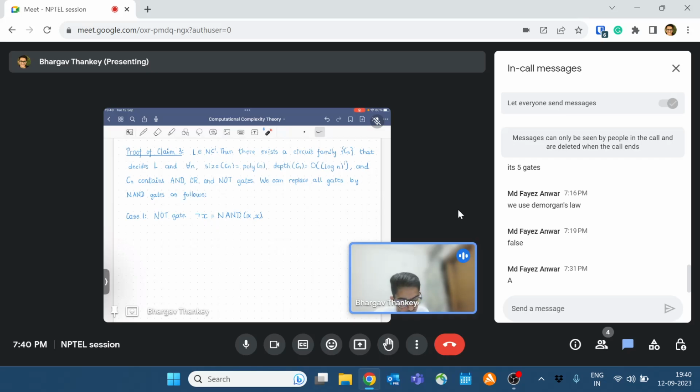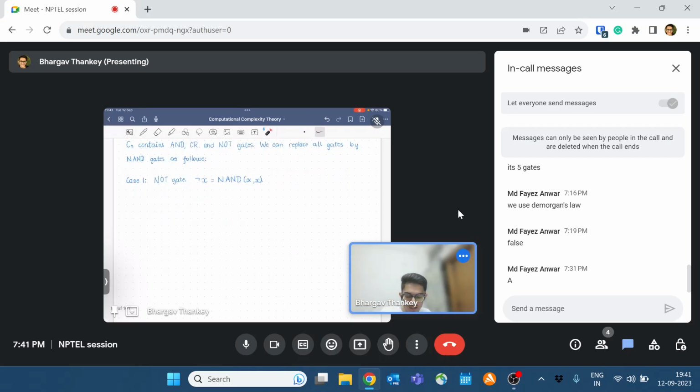Now X is 0, so the AND of 0 and 0 is 0, and so the NAND, which is a negation of AND, is 1. So when X is 0, NOT X and NAND(X, X) are both 1. Similarly, when X is 1, the AND is 1, and therefore the NAND is 0. So NAND(X, X) is equal to NOT X. So we can replace a NOT gate by a NAND gate like this. The NOT gate has just one input, and we just feed that input twice to the NAND gate.